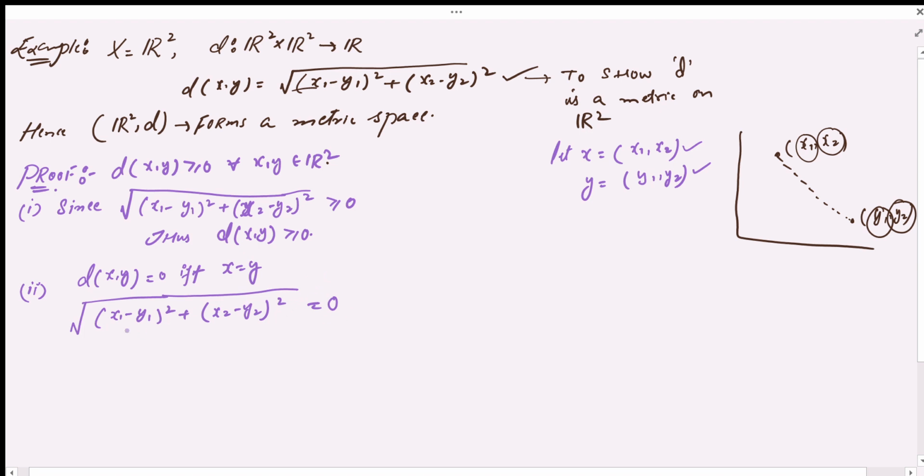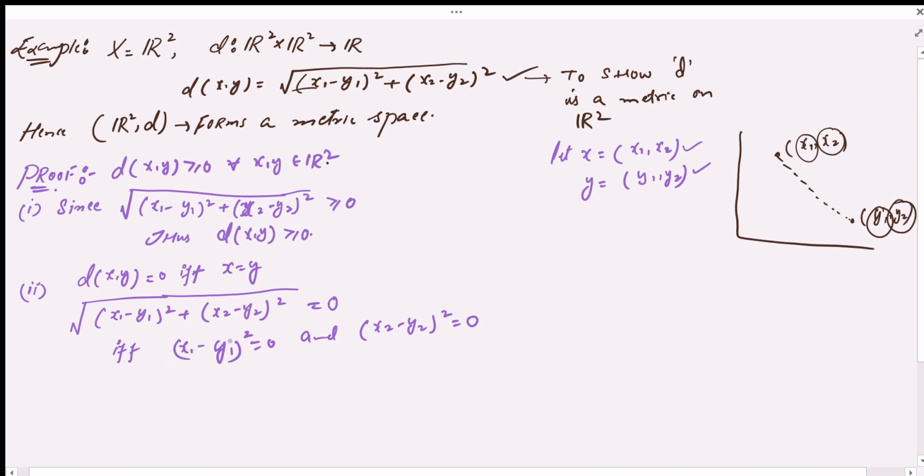Again, because it is the sum of squares of two terms, it is equal to 0 if and only if (x1 minus y1) whole square is equal to 0 and (x2 minus y2) whole square is equal to 0. So it is only possible if and only if this happens.